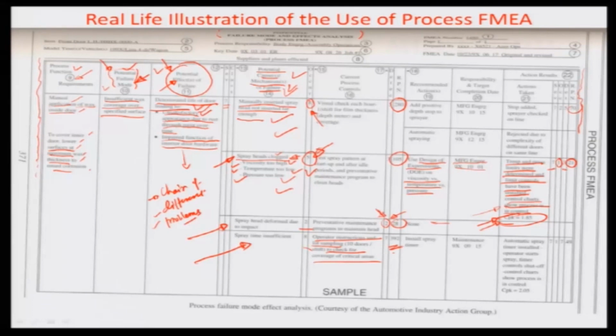So basically here the process engineers who were there suggested that you install a spray timer. So unless and until this whole time cycle of spraying of the wax is proceeded, there is no way that the dispensing can stop. Okay.